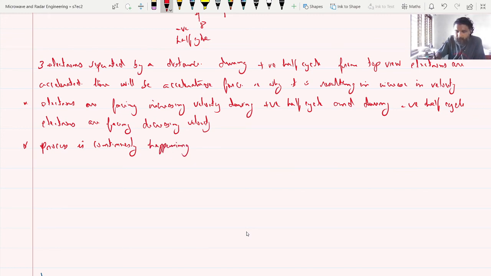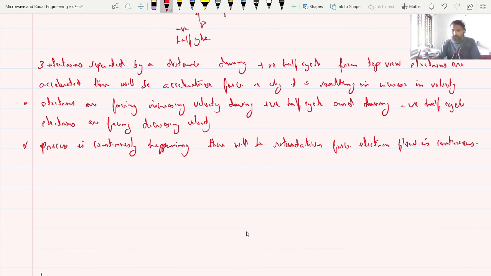So there will be a retardation force. Electron flow is continuous.